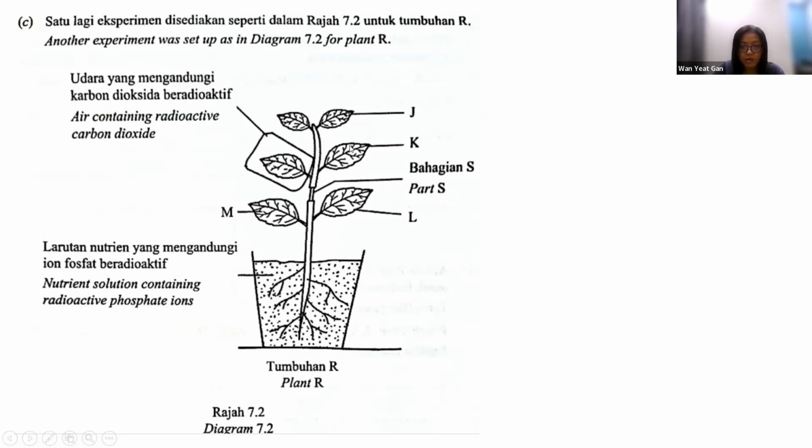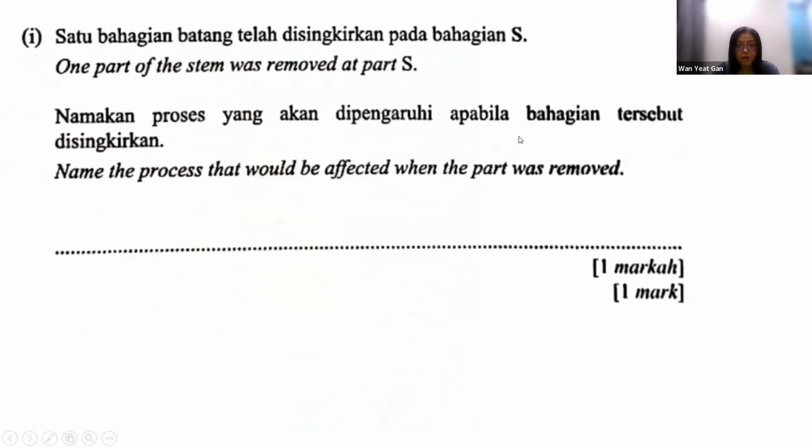There are 3 leaves labeled here, J, K, L, and on the left side, there's 1 leaf, N. And then you can see here, there's a part where the outer layer of the stem, the bark, has been removed.